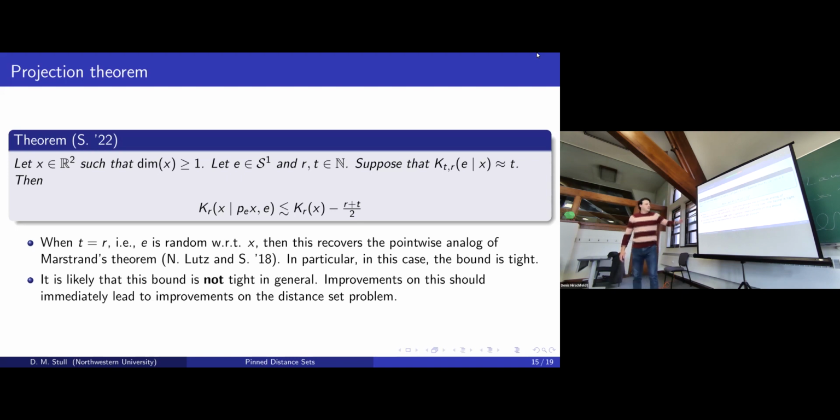I show that if you have a point X in the plane whose dimension is at least 1, you have a direction E, and you have two precisions R and T, and you suppose that the complexity of the direction given X is about T, so in other words, E is random conditioned on X at least up to precision T, and the complexity of computing X, if you know its projection and you know E, is at most the complexity of X at precision R minus R plus T.